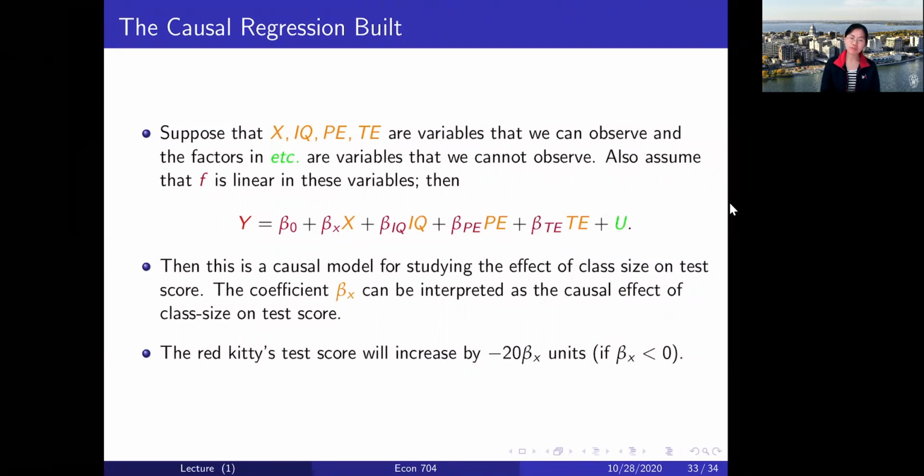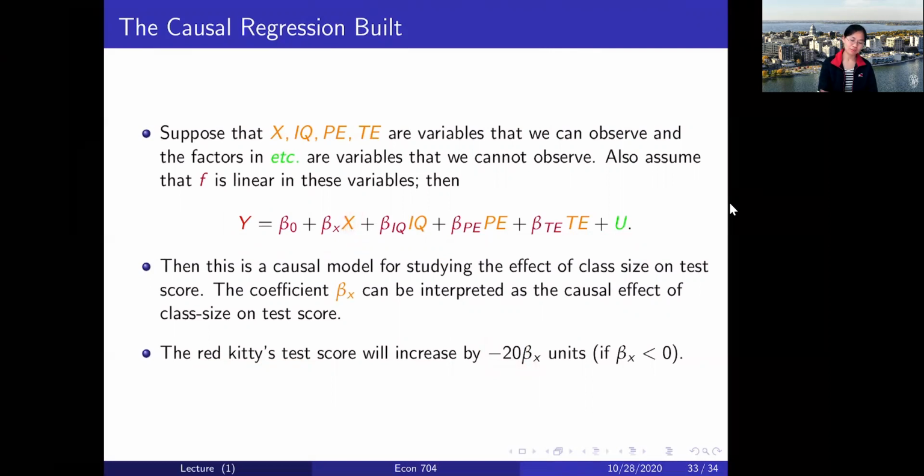And if you are changing the class size from 40 to 20, then the test score will increase by minus 20 times beta x units, according to this causal equation. When you decrease x by 20, then y changes by minus 20 times beta x.